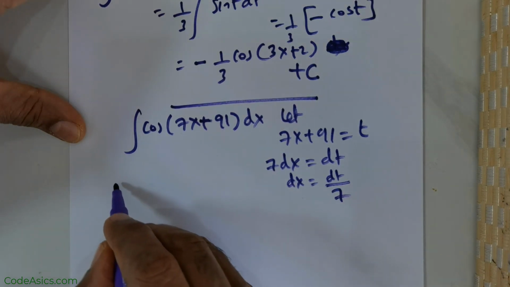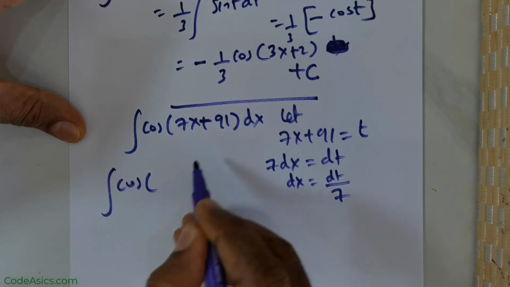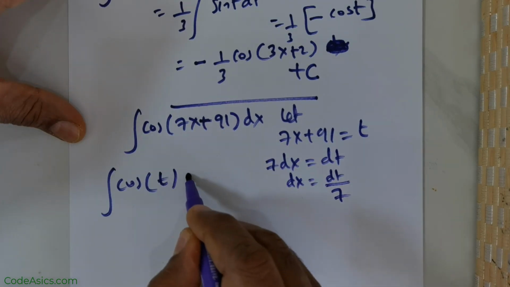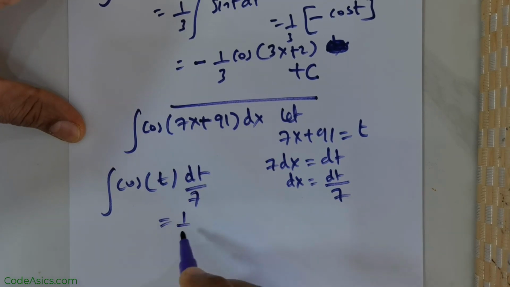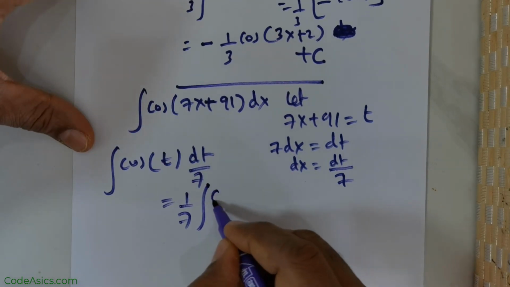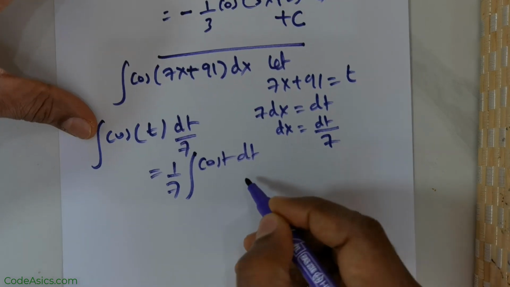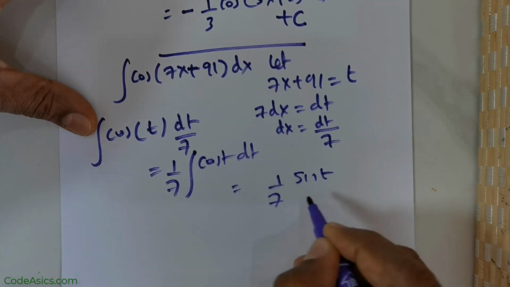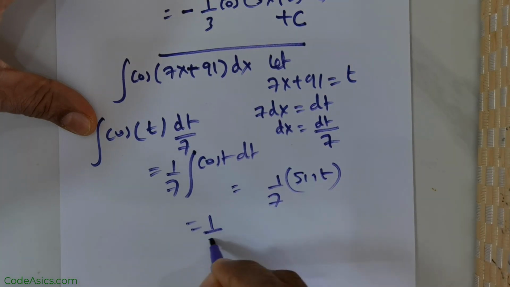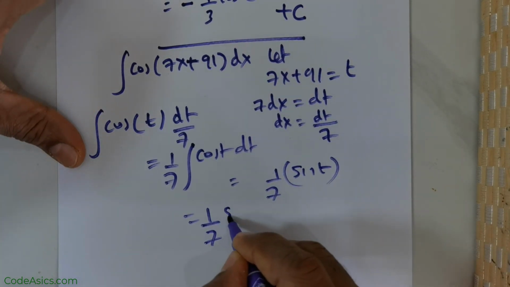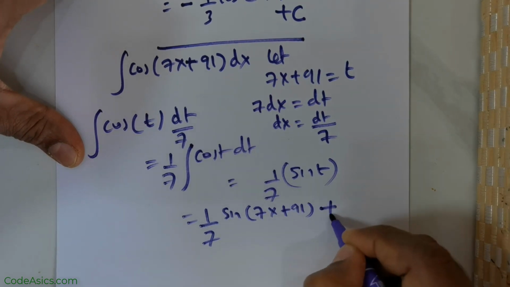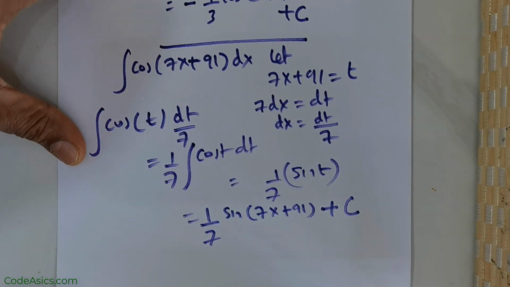If we substitute here, this is going to be cos of t, and in place of dx is dt over 7. I can rewrite it as 1 over 7 integral cos t dt. Integrate cos t, you get sin t, times 1 over 7. Now you have to substitute t. So this is going to be 1 over 7 sin of (7x + 91) plus arbitrary constant.